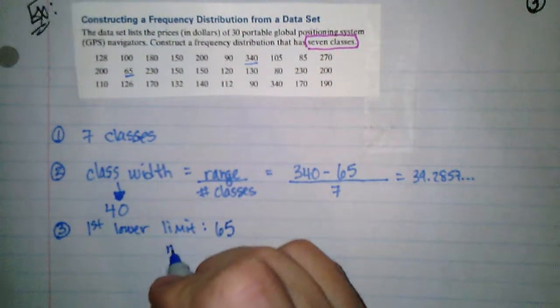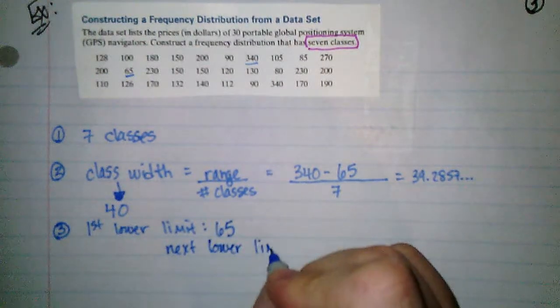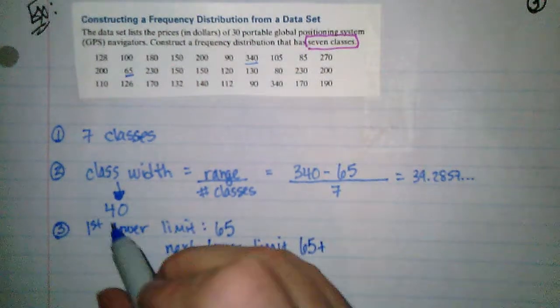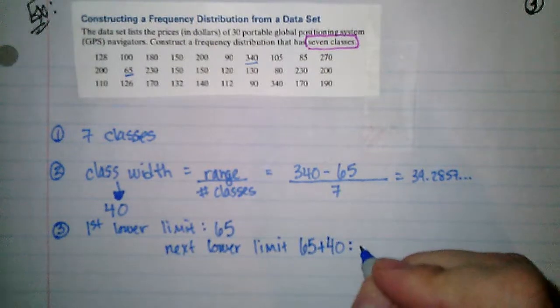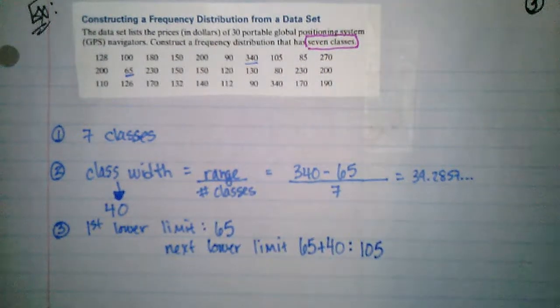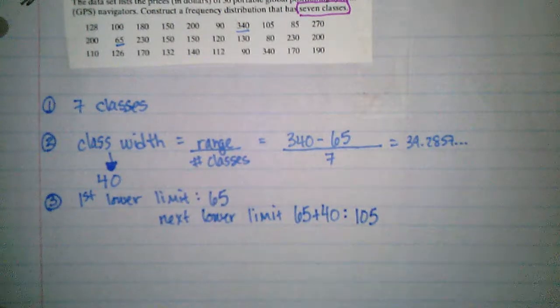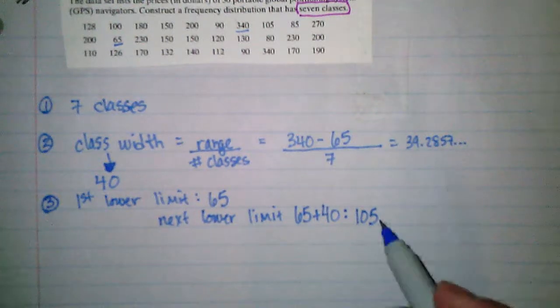And then remember, to get the next one, what we're going to do is take our first lower limit, 65, and add our class width of 40. So our next lower limit will be 105. And then we're going to continue doing that over and over until we have our 7 classes. So our first one starts at 65. Our next one will start at 105.